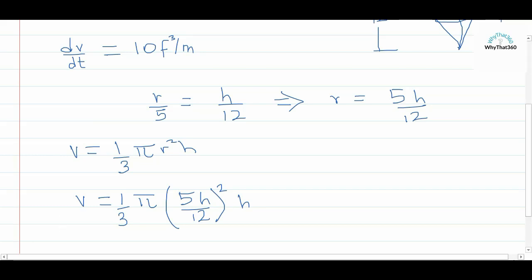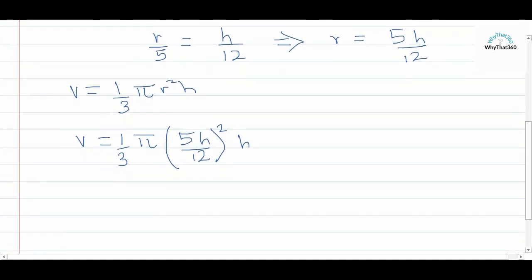Squaring this, the volume is going to be equal to 1/3 pi, and this will be 25h squared divided by 144, that's 12 squared. All of this times h.